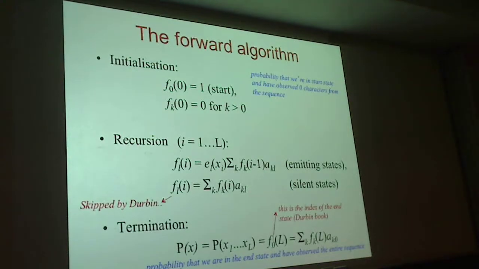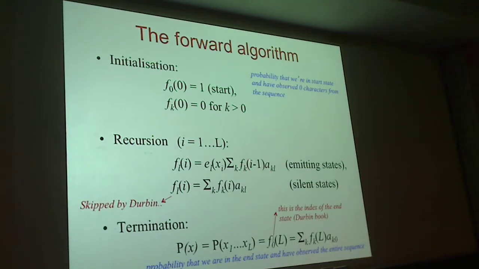Now, here's the algorithm. And you see the difference was before there was a max sign here, and now there is a summation sign. So basically again, the probability of being in cell I is now: you are in that cell, so you emit that symbol in state L, you emit the ith symbol of the sequence, whatever the letter is, which you multiply by being in any preceding state called K. And those preceding states are the states, if they're non-silent, of the preceding letter of that sequence, all possible ones.